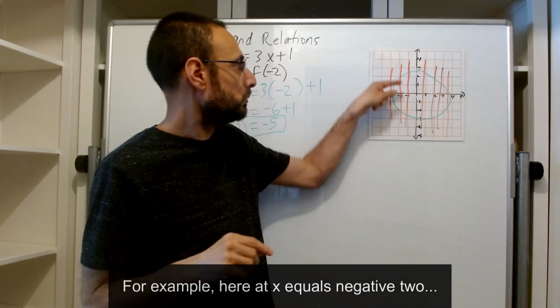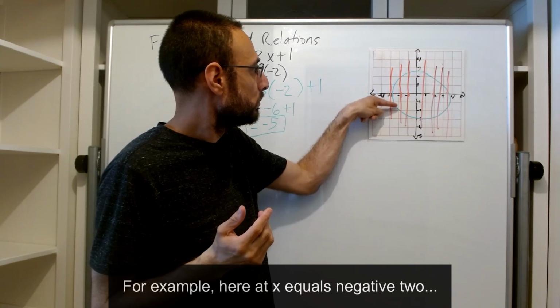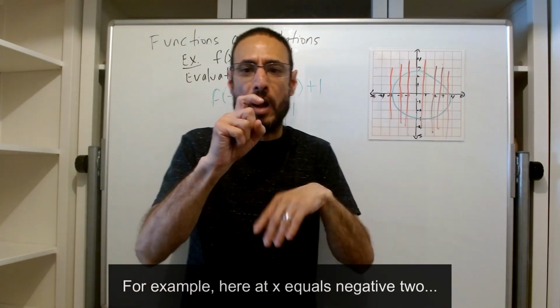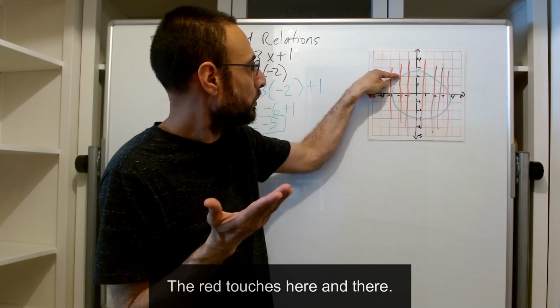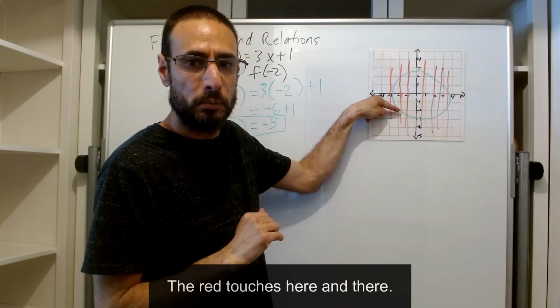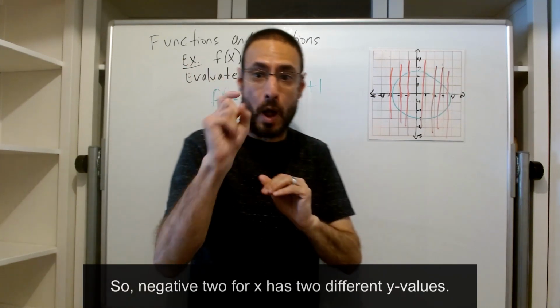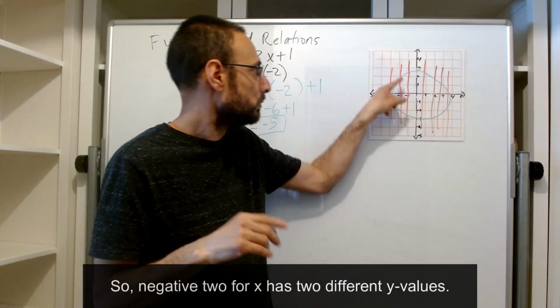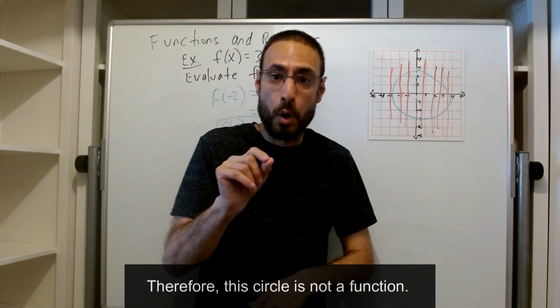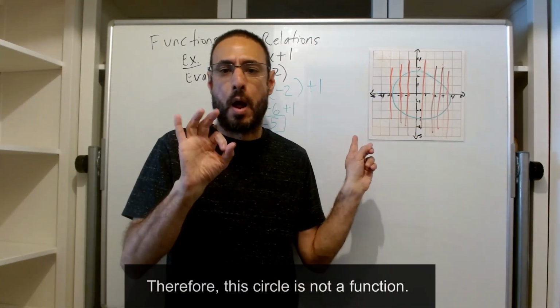For example, here at x equals -2. The red touches here and there. So, -2 for x has two different y values. Therefore, this circle is not a function.